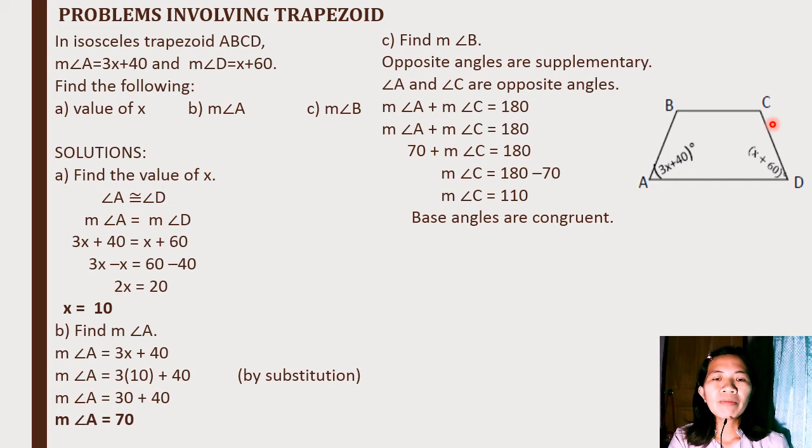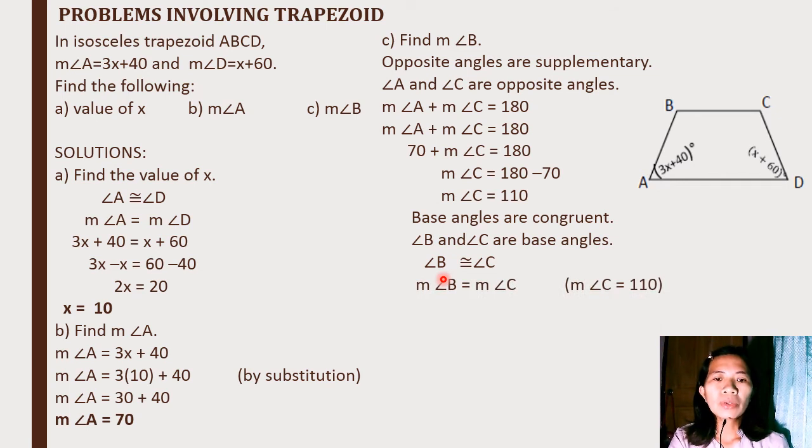So we have this property, which is that base angles are congruent. If angle B and angle C are base angles, then they are congruent. So the measure of angle B is equal to the measure of angle C. Therefore, the measure of angle B is also 110 degrees.